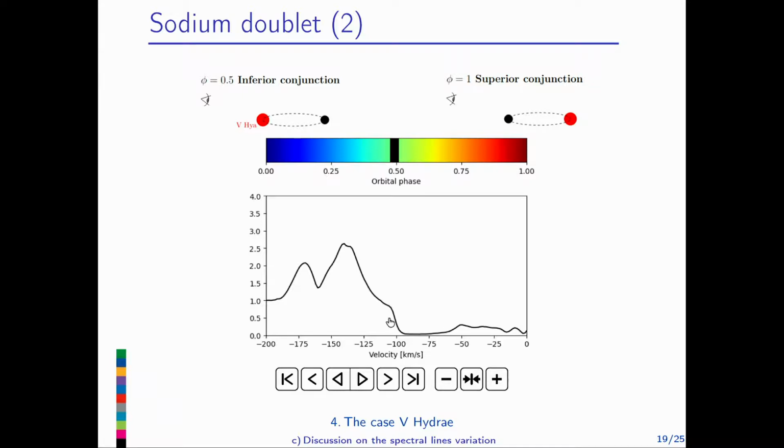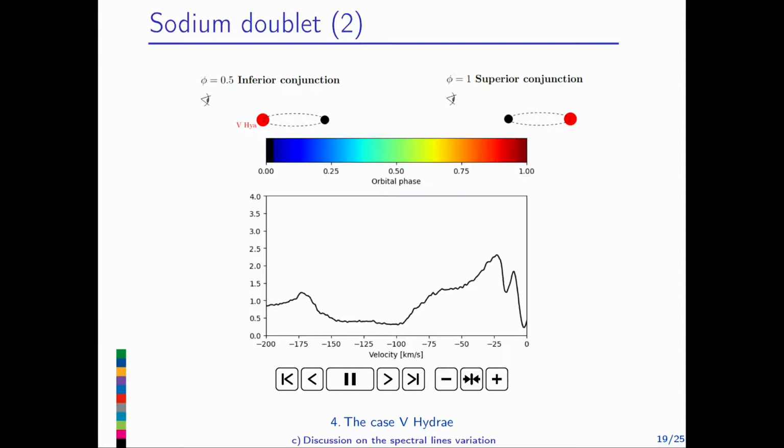Then if I go a little bit further in the orbital phase, and we stop at phase 1, you can see here the appearance of a pseudo-emission at lower blue shifted velocity. And here the two carbon lines totally disappear, and we have an absorption around the highest blue shifted velocity.